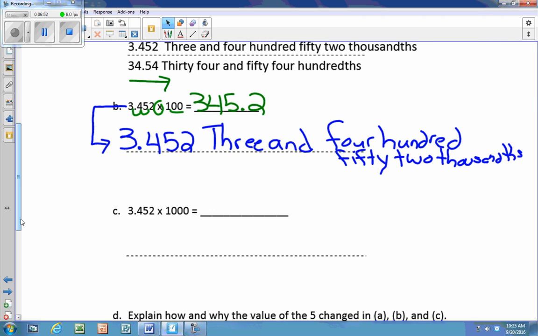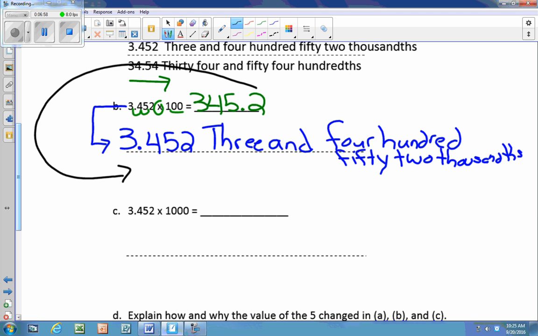This answer that we have up there, we are now going to take, and we're going to put on the bottom line. So this is our new answer. And then we're going to write our new answer in word form.